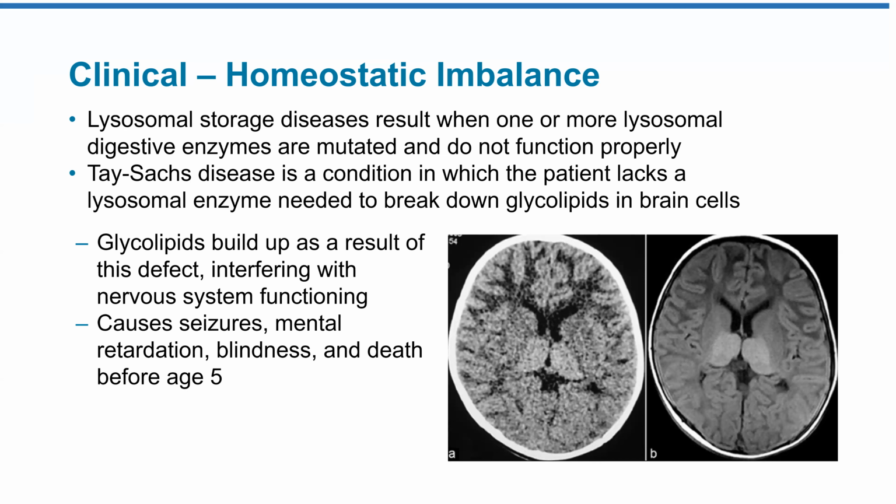They build up in the brain and interfere with nervous system functioning, causing seizures, mental retardation, blindness, and death before age 5. You can see a normal brain shown over here and the brain of a patient with Tay-Sachs disease.